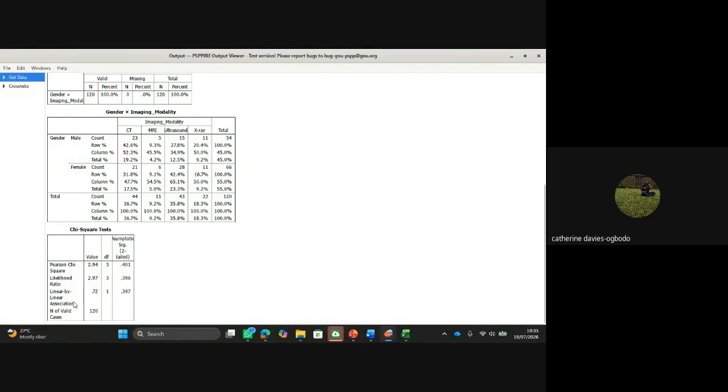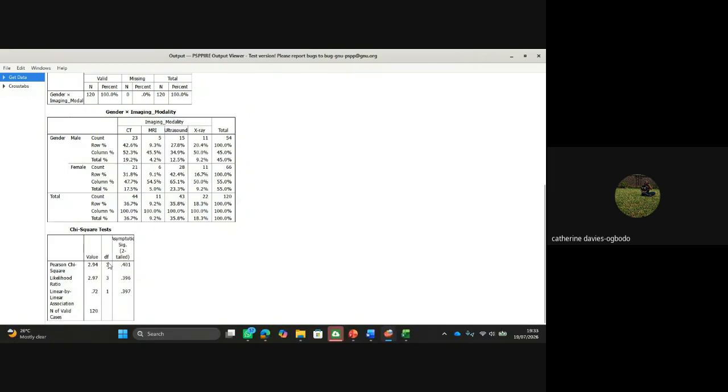These other ones, the likelihood ratio and the linear-by-linear association, are SPSS trying to tell you the average of male and CT scan, male and MRI, male and ultrasound, male and X-ray. But the most important one is the Pearson chi-square test, this first one here.